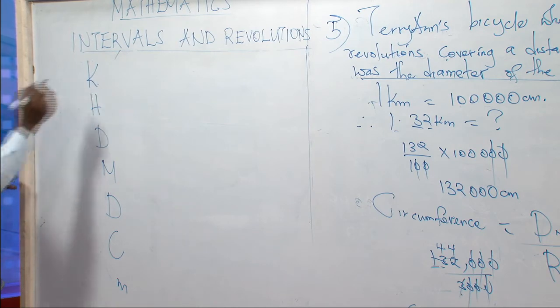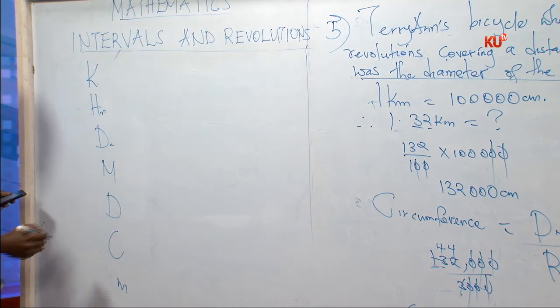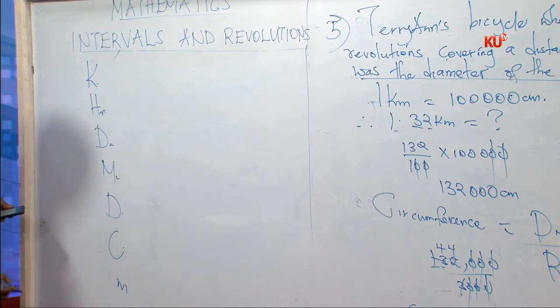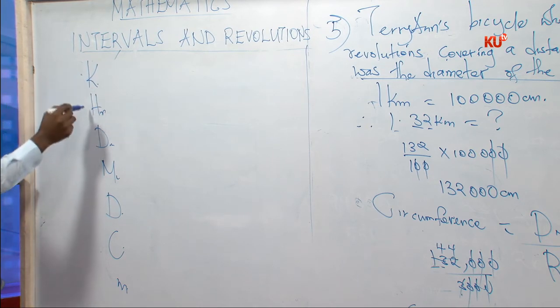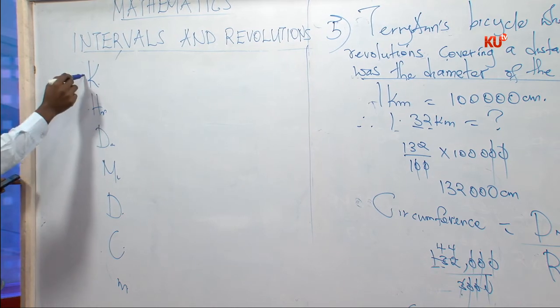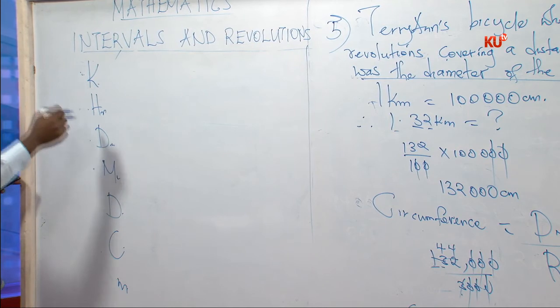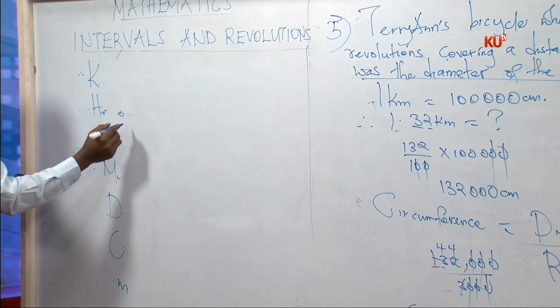So this is kilometer, hectometer, decameter, meter, decimeter, centimeter, millimeter. You start relating them this way: 1 kilometer is equal to 10 of this one, 100 of this one, 1,000 meters. What you need to write here are the zeros.